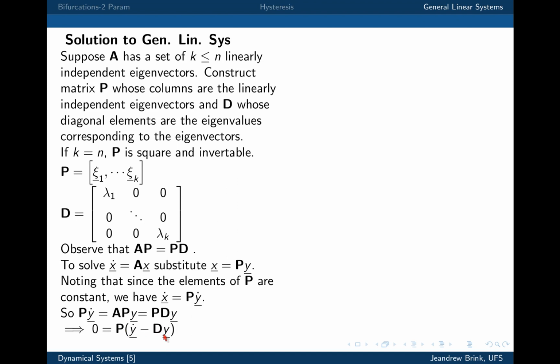And that's very useful, because I know that the eigenvectors in P are independent and non-zero. So for every single eigenvector of P, this thing must hold. Okay, and so this expression can only be true if the thing in brackets is actually 0.